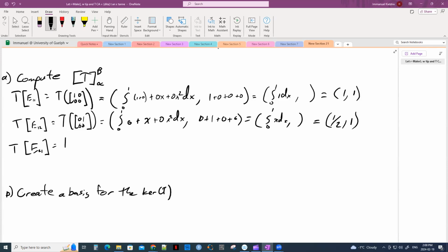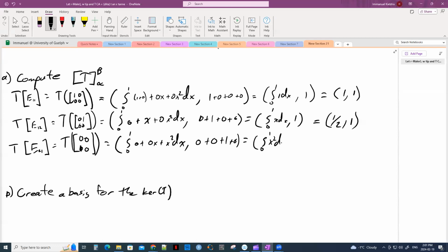Now if we look at what happens to E21, we get 0, 0, 1, 0. We're looking at what T does to this matrix. We get that it equals the integral from 0 to 1 of 0 plus 0x plus x squared dx, comma, 0 plus 0 plus 1 plus 0, which is equal to the integral from 0 to 1 of x squared dx, comma, 1, which equals 1/3, 1.